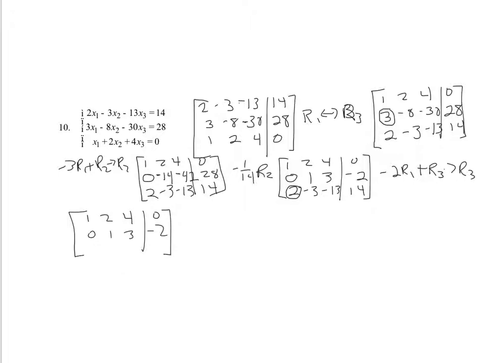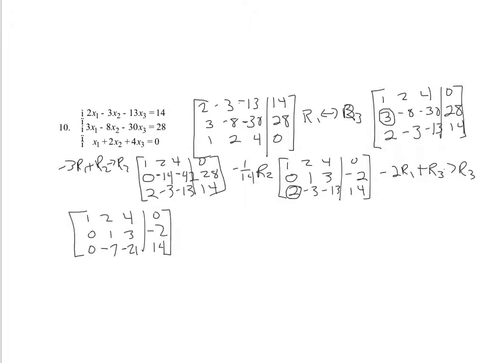Now on this bottom row, -2 times 1 on the top gives me -2 plus 2 is 0. Negative 2 times 2 on the top is a negative 4. Negative 4 plus negative 3 is a negative 7. And then negative 2 times 4 from the top row is a negative 8. Negative 8 plus negative 13 is a negative 21. And anything times 0 is 0, so 0 plus 14 is 14.